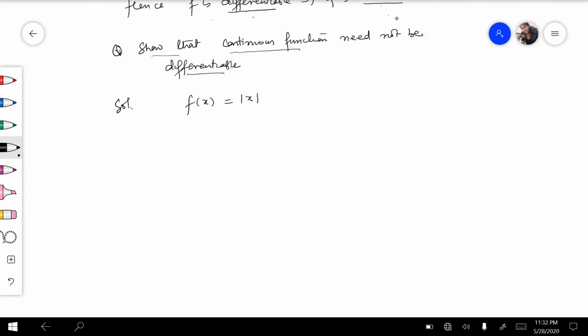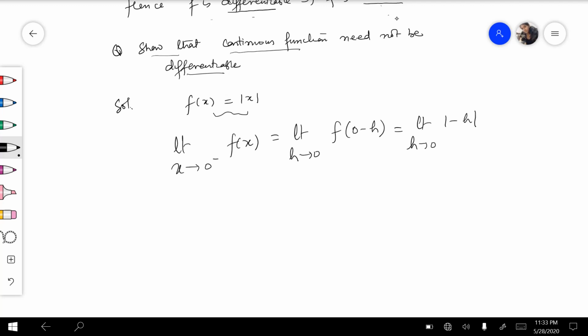Let's do it again. f(x) is equal to mod of x. We are going to prove that this function is continuous at 0. For that, limit x approaches 0 negative of f(x) is equal to limit h goes to 0 of f(0 minus h), which is equal to limit h goes to 0 of modulus of minus h, which is equal to limit h goes to 0 of h, which equals 0.